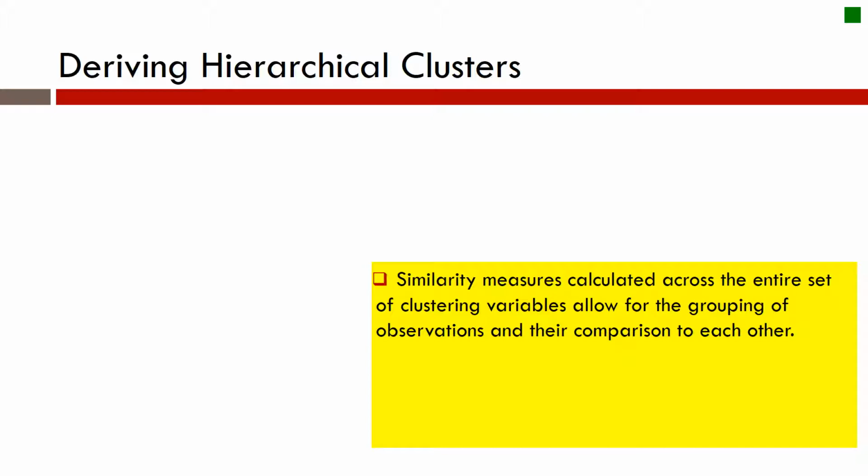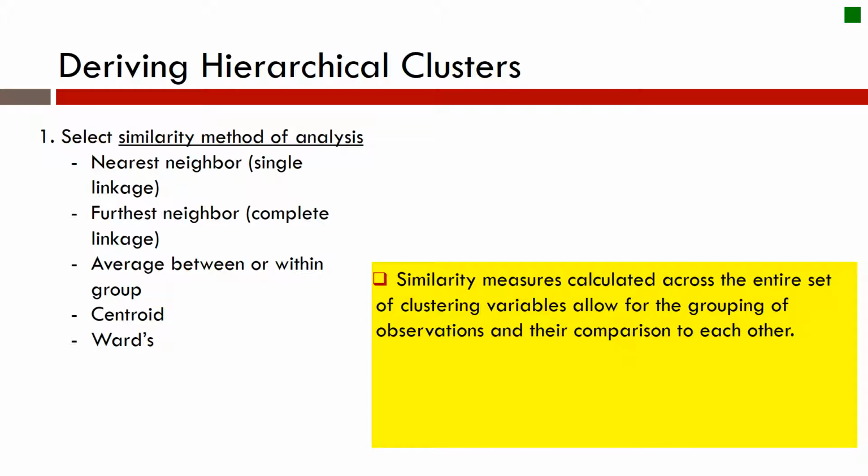Now, two things that we need to define when we're doing hierarchical clusters. One will be the similarity method, which is used to group the different data points. There will be different approaches to finding which observations most naturally go together: the furthest neighbor, the nearest neighbor, average between and within groups, the centroid method, and Ward's method.